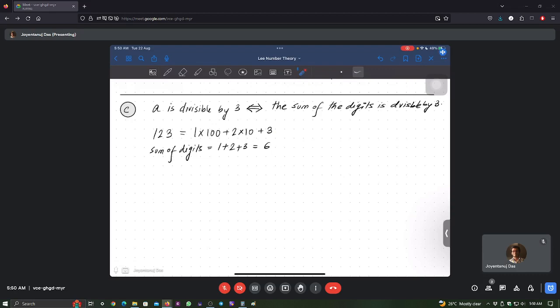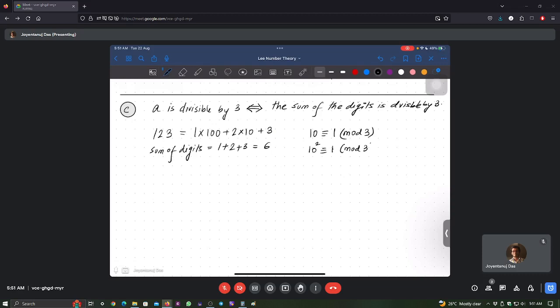One observation is that any power of 10 behaves the same way. 10 is 1 modulo 3, right? Similarly, 10 squared is also 1 modulo 3.